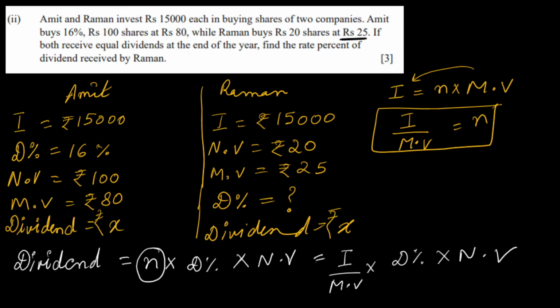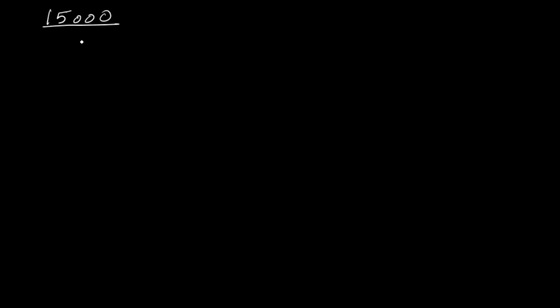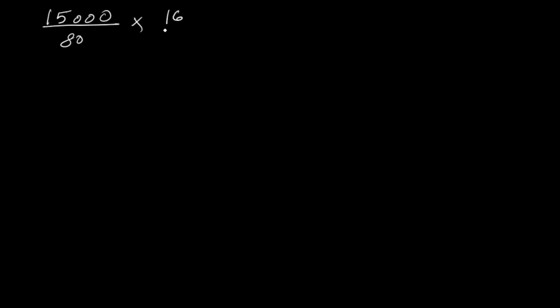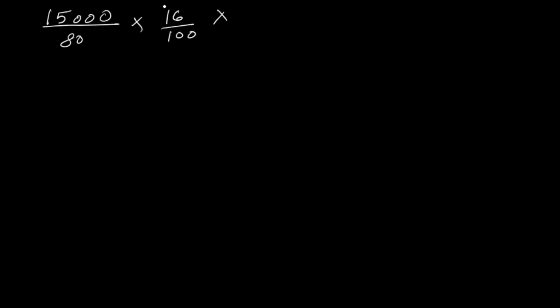So let's substitute everything now. Investment is 15,000. MV is 80. Dividend percent is given to us as 16%, so I can write 16 by 100, percent as by 100. Then nominal value is 100.